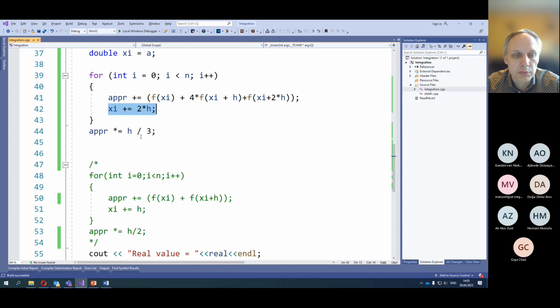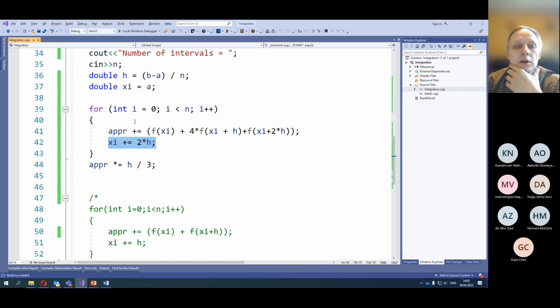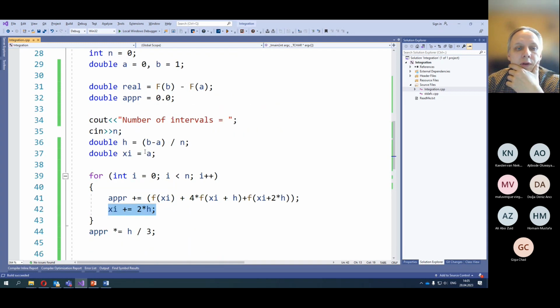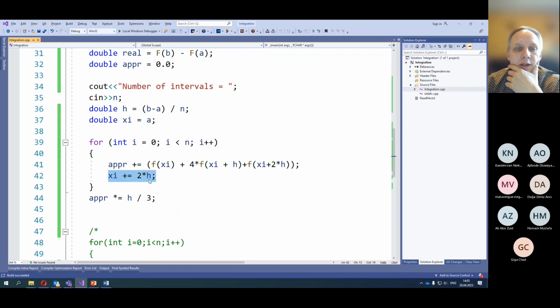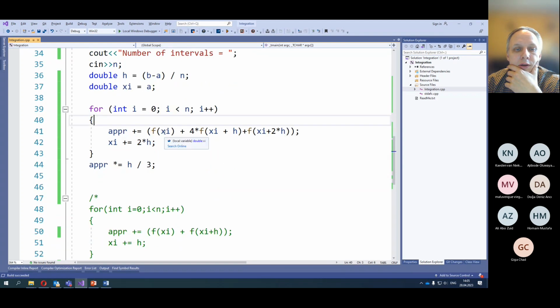It's very strange, but it seems correct. Why do we have this wrong result? Let me think for a minute.